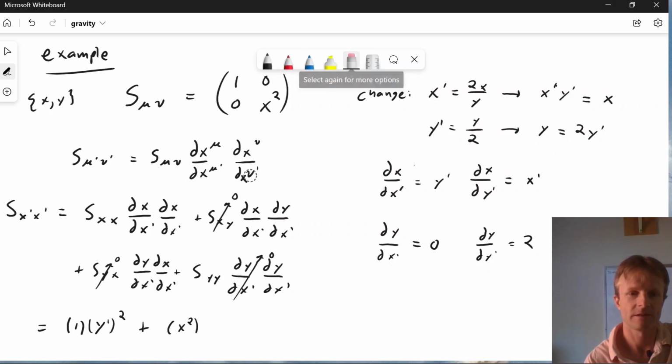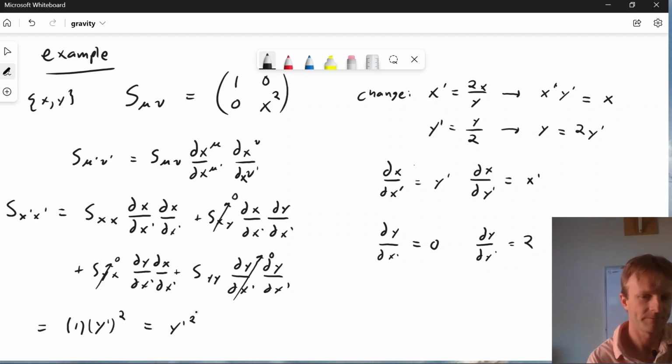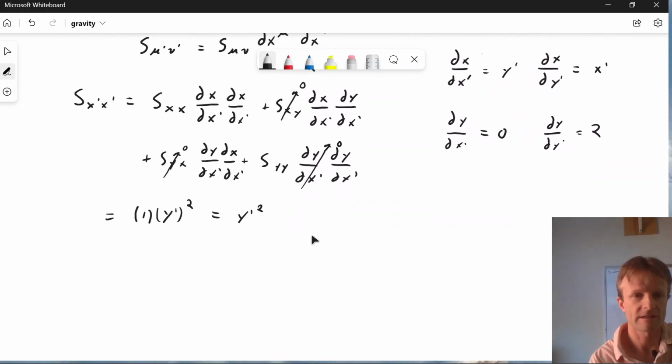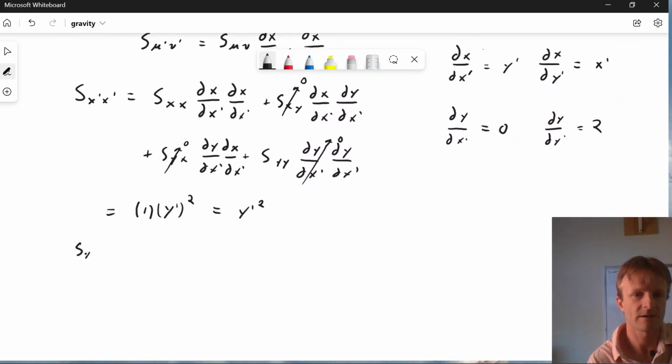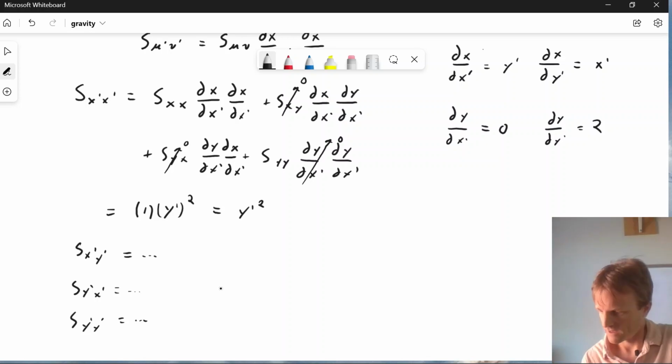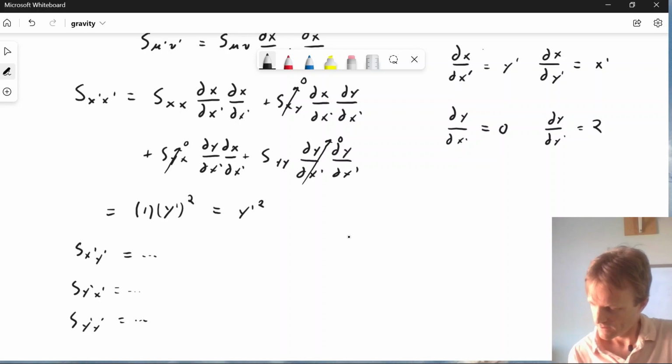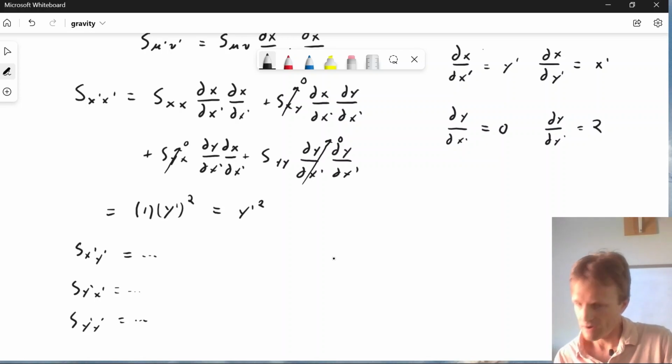OK, so this one came out to y prime squared. OK, and that's how it goes. And you just do the other ones. You do S x prime y prime equals all that, and S y prime x prime equals all that, and S y prime y prime equals a similar expression. I seem to have written the answer in my notes.